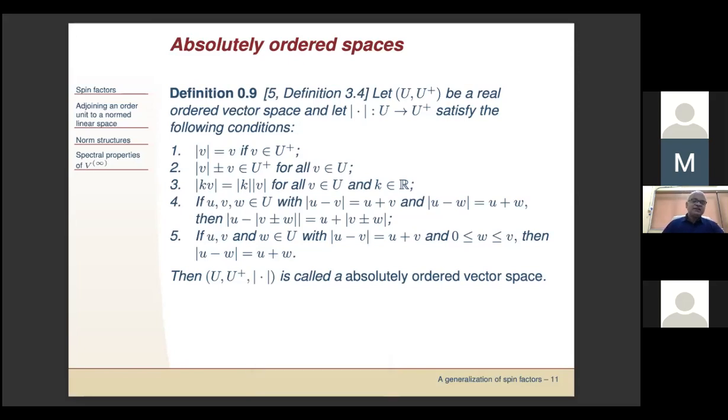Why this property 5 is important lies in the characterization of orthogonality in C-star algebras.